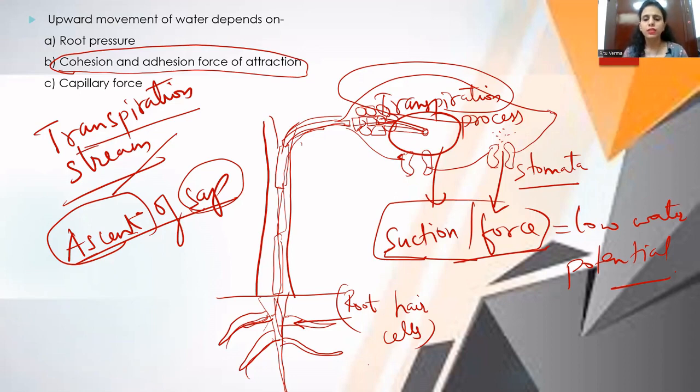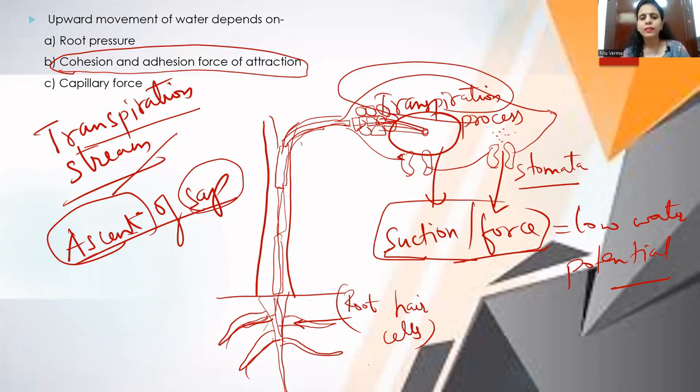So this transpiration pull is created because of the process of transpiration. Because of transpiration, water is lost from the leaves. Due to that, low water potential is created inside the leaf, and hence a suction or force develops. Because of this suction or force, the water present in the xylem vessels moves outside in the leaf, in the air spaces.